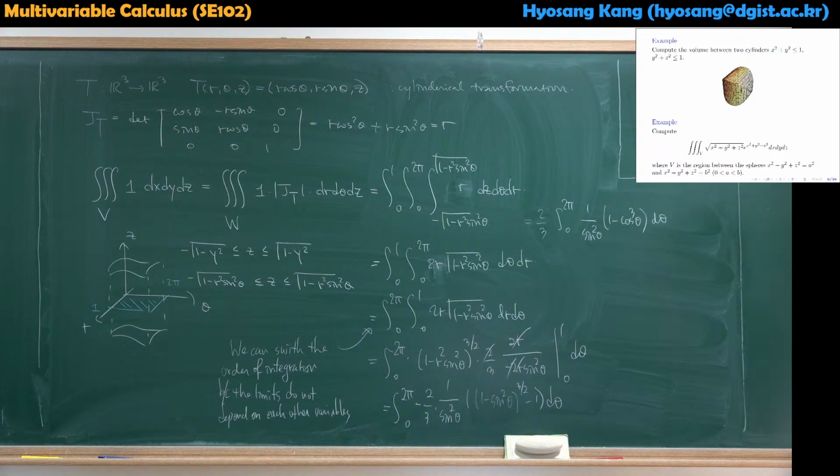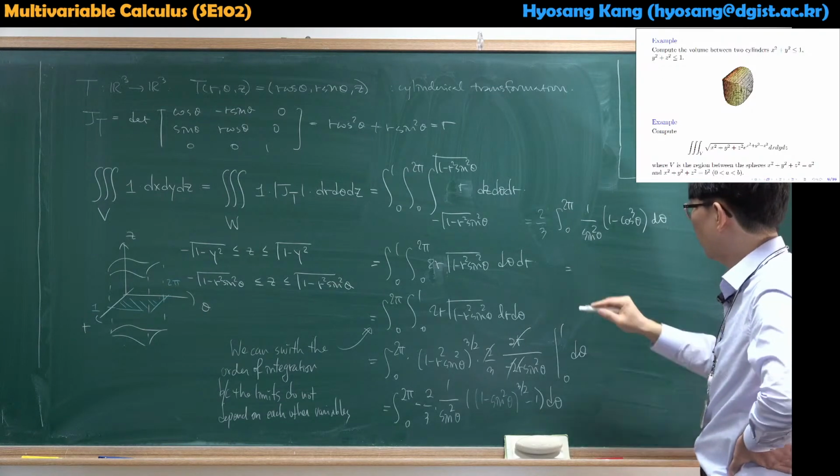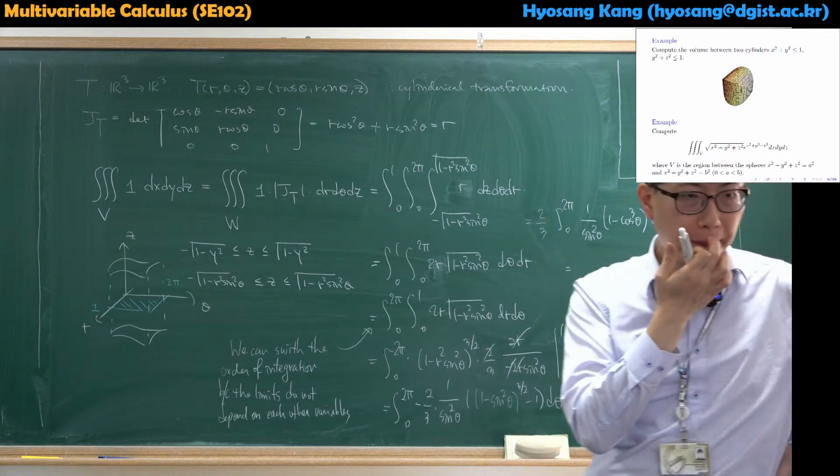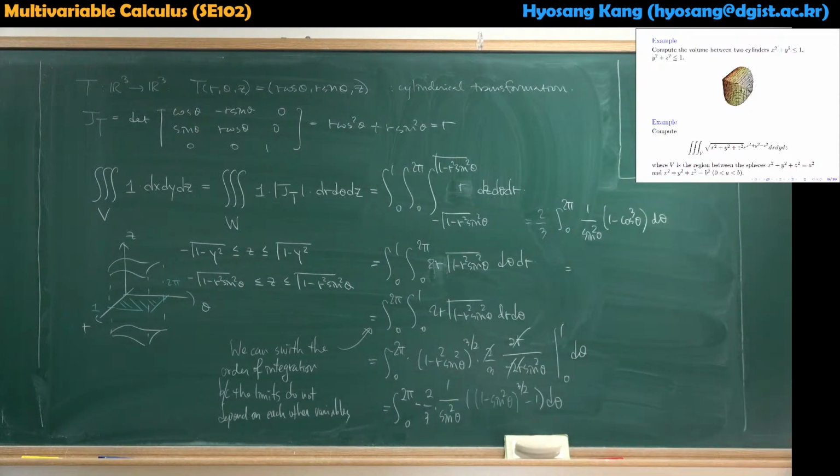Right? How do you compute 1 over sine square? I forgot. How do you compute that?